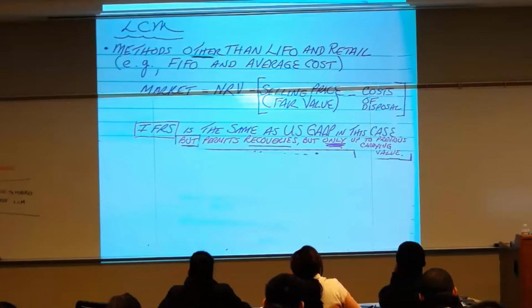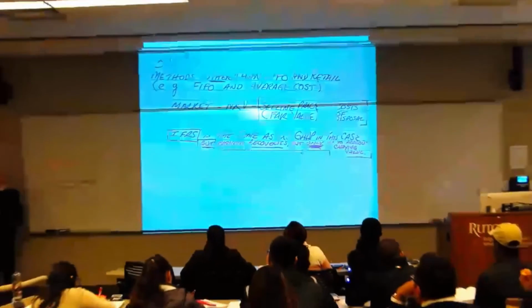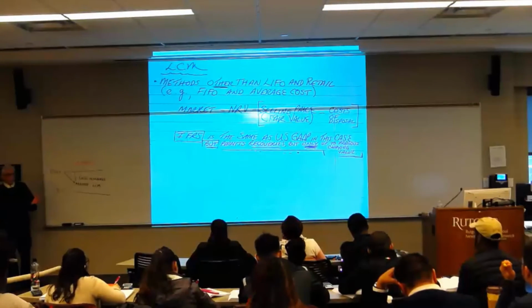But if you're dealing with IFRS, the way it would work is if the market for that product collapses, you write it down. What happens if the market recovers? It's kind of unlikely that that's going to happen. But what if the market recovers for the product? It could if it's a commodity.